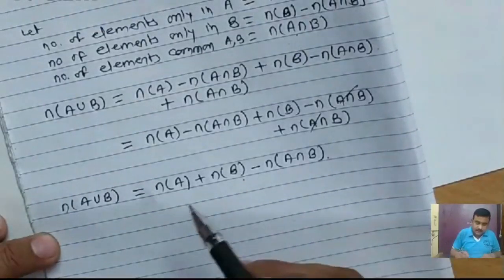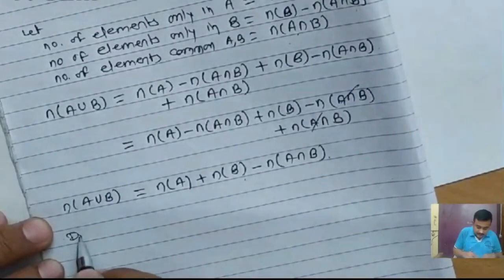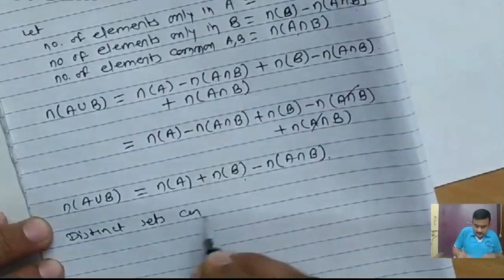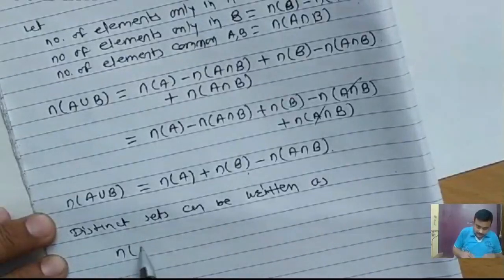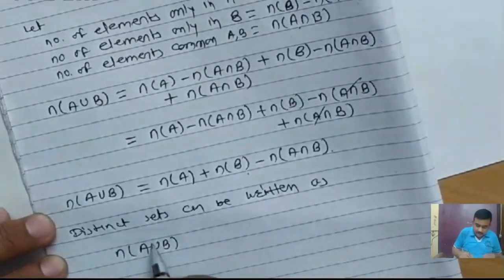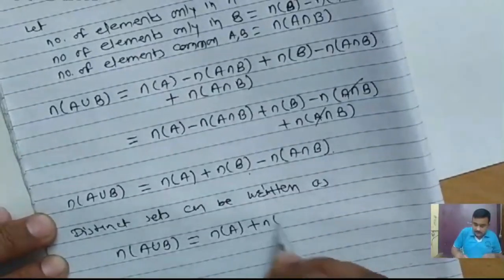That's why the principle of inclusion and exclusion for distinct sets can be written as the number of elements in A union B equals the number of elements in A plus the number of elements in B.